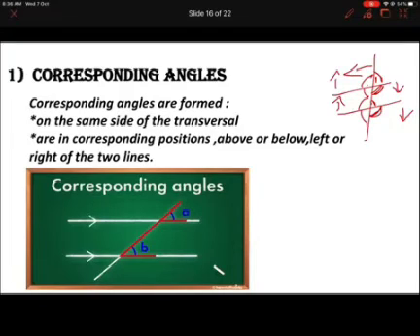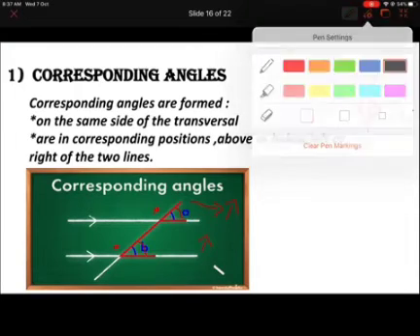Corresponding angles. You can see in the figure A and B. They are lying on the same side of the transversal and both are above the lines. So such angles are called corresponding angles. Like we discussed, there are 4 pairs. One I've shown. One more is this and this.